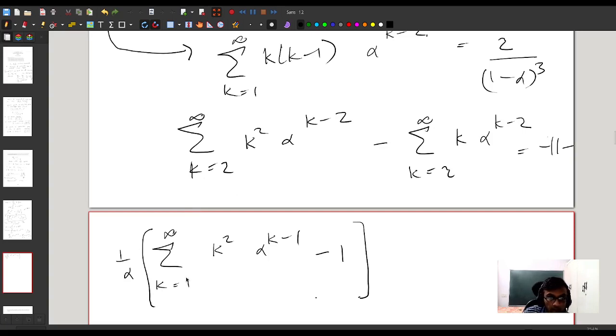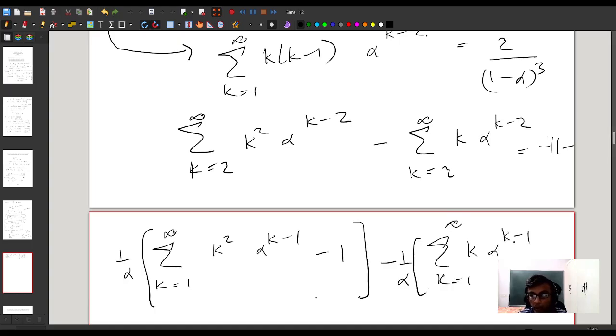And the second term we already know what that is. That is 1 over alpha times the sum from k equal to 1 to infinity of k alpha to the k minus 1, minus 1 over alpha.